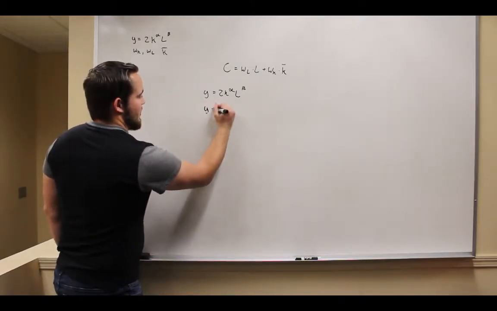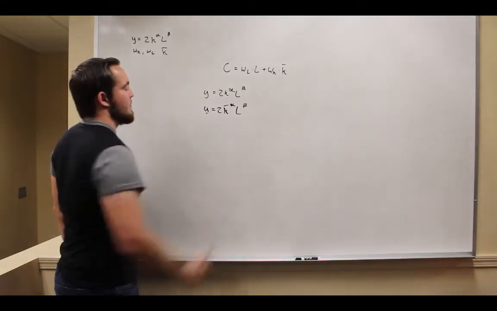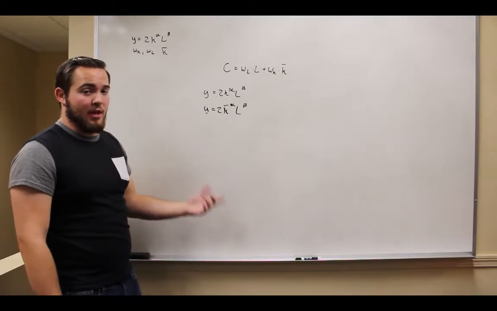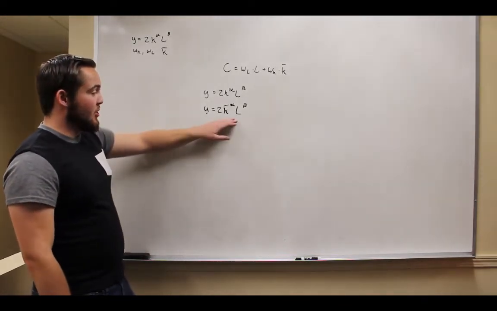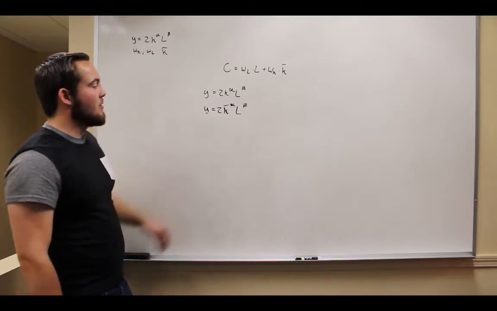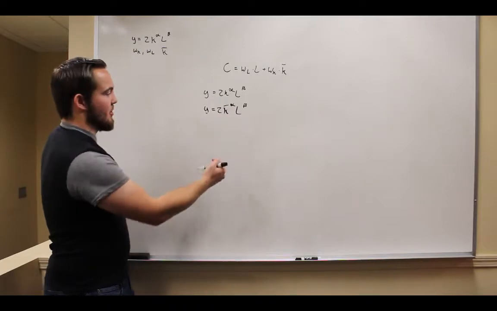So we get y equals 2 k bar to the alpha times L to the beta. Now we're interested in getting our L star, which is going to be our optimal amount of labor. Because I only have one variable here, I can just go ahead and isolate for L. So I'm going to divide this y by this 2 k bar to the alpha.